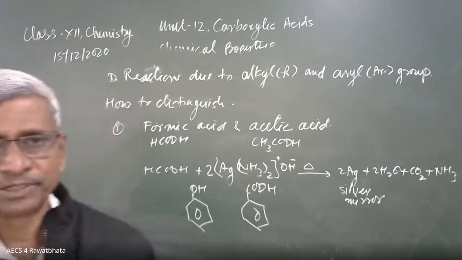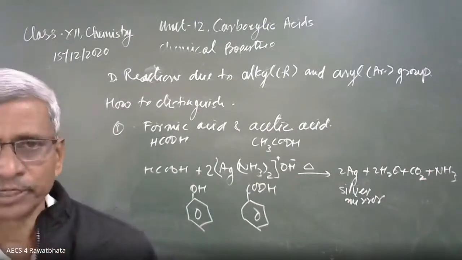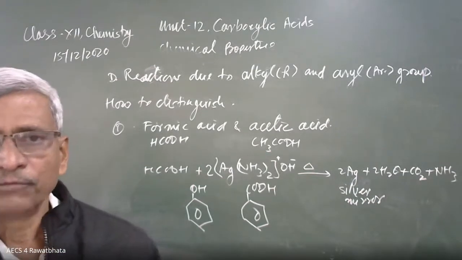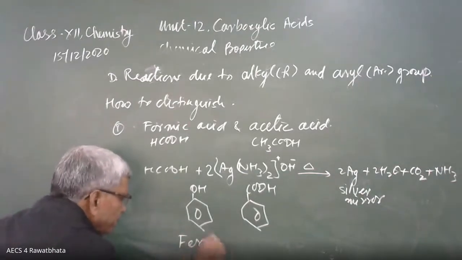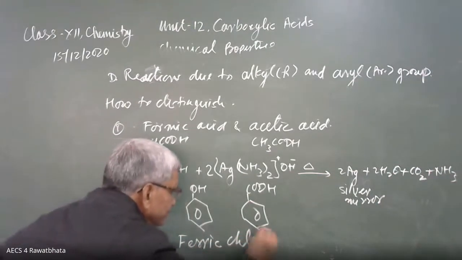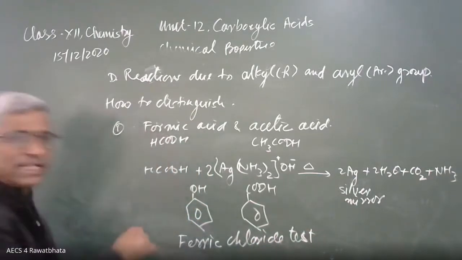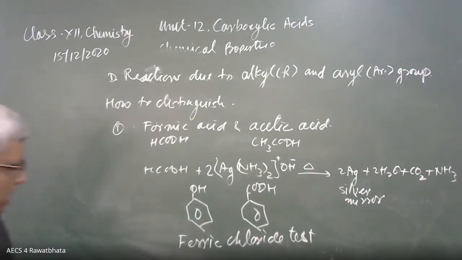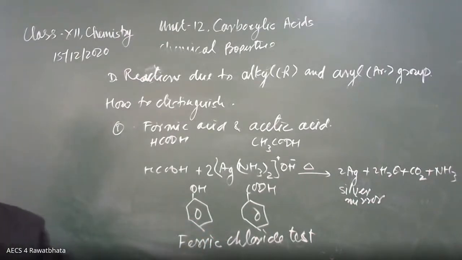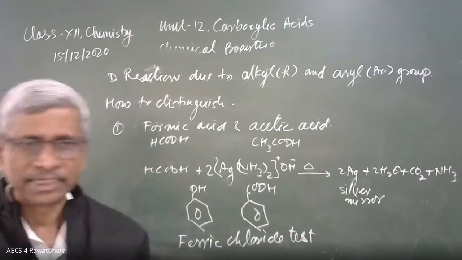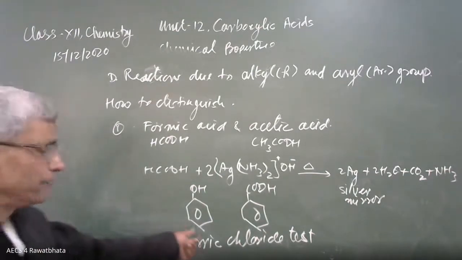Anywhere, if phenol is given, or any organic compound having OH as a phenolic group, that is going to perform the ferric chloride test. This is not only a test, but it is the simplest test. When we add ferric chloride to both the compounds, the compound which gives a colored complex, a very nice color, is phenol.